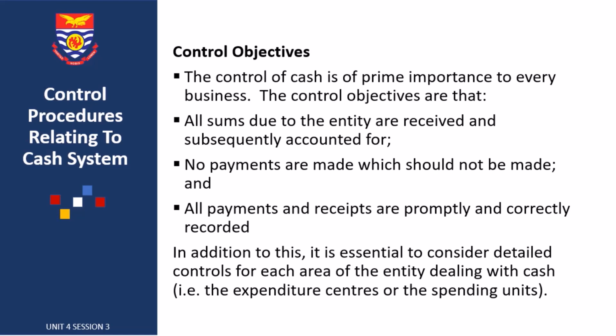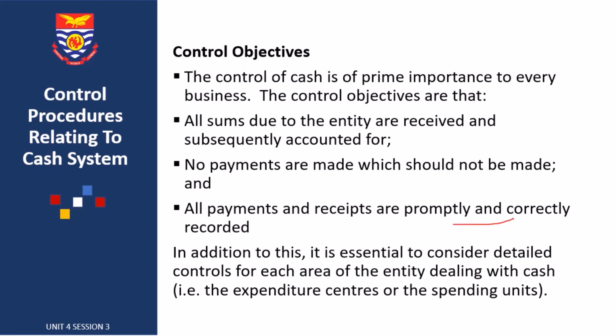Now we have certain control objectives when it comes to the cash system, and the control of cash is of prime importance to every business, and that is a fact. The control objectives are that all sums due to the entity are received and subsequently accounted for, no payments are made which should not be made, and all payments and receipts are promptly and correctly recorded.